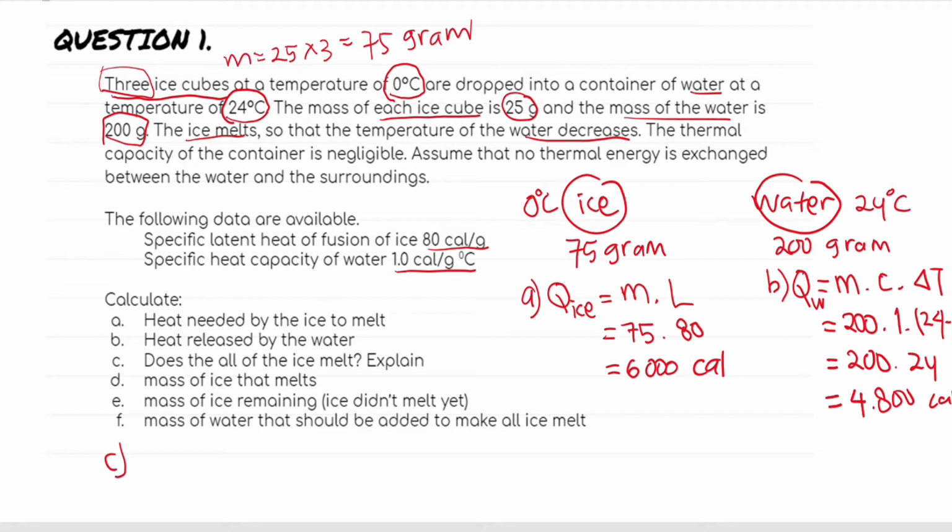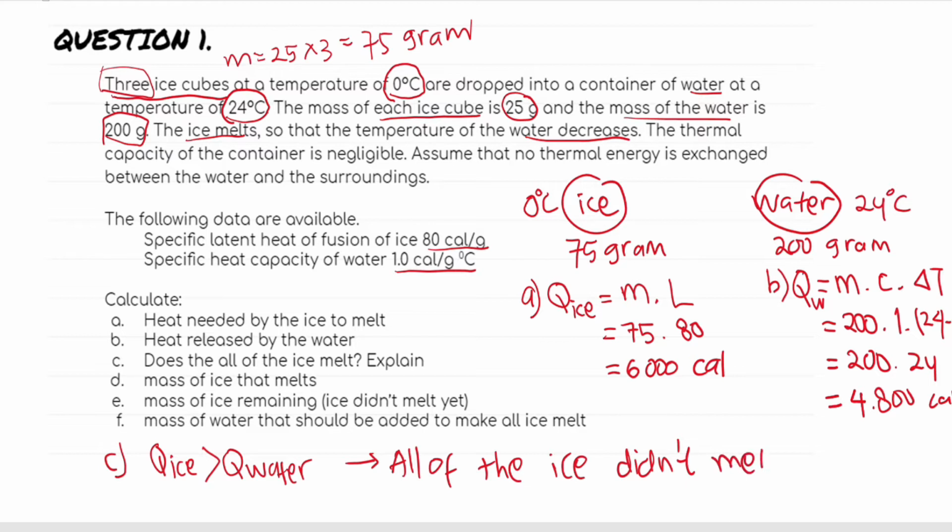It means that Q ice is bigger than Q water, so not all of the ice melts. The reason is that the heat needed to melt all the ice is bigger than the heat released by the water. So the heat released by the water cannot melt all the ice.